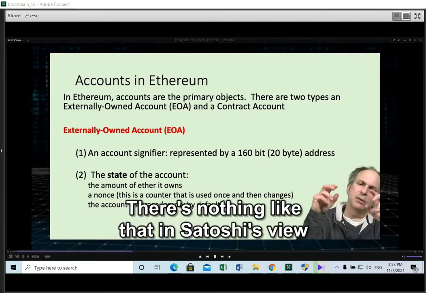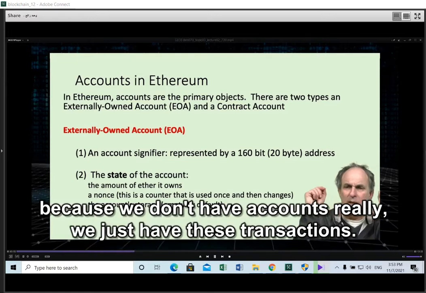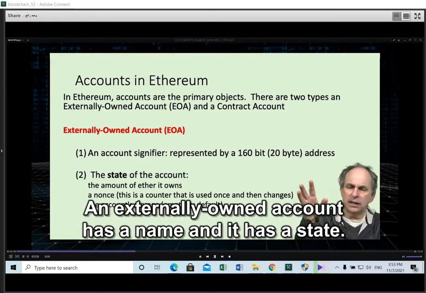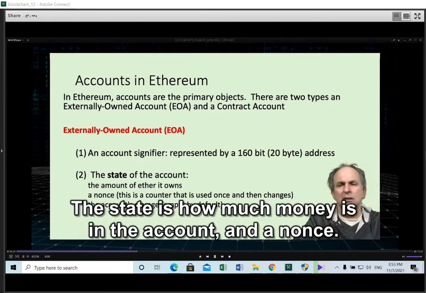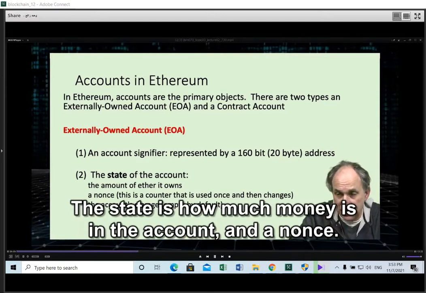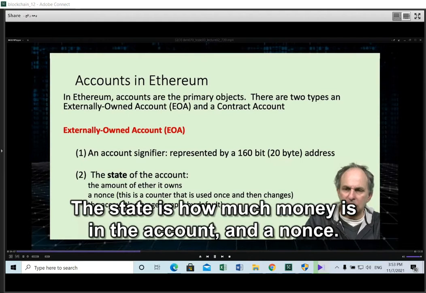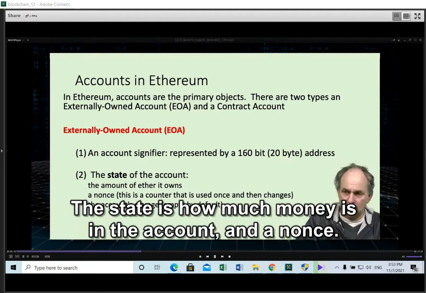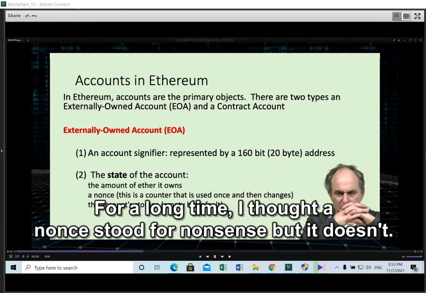Okay. Now, in Bitcoin we don't have accounts really, we just have those transactions. So an externally owned account has a name, and then it has a state, and the state is how much money is in the account, and a nonce. For a long time I thought a nonce stood for nonsense, but it doesn't.